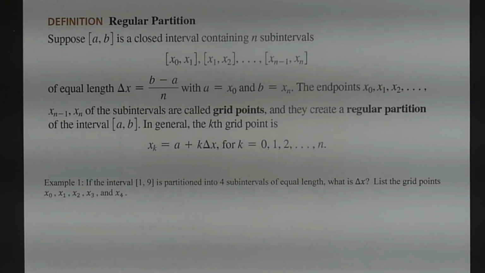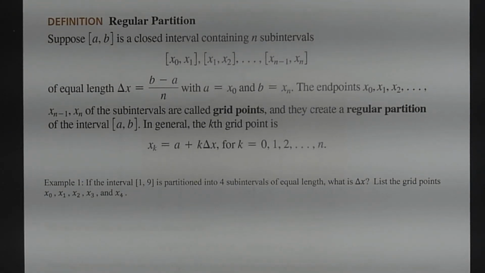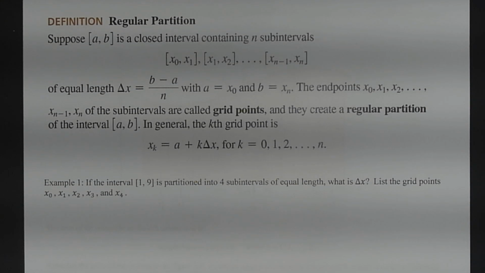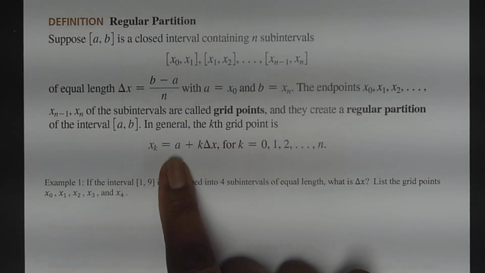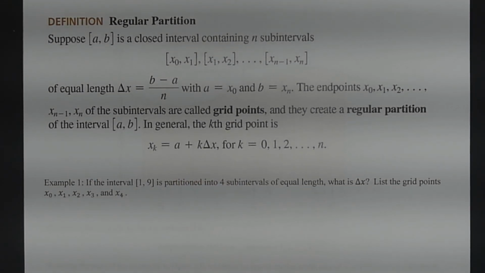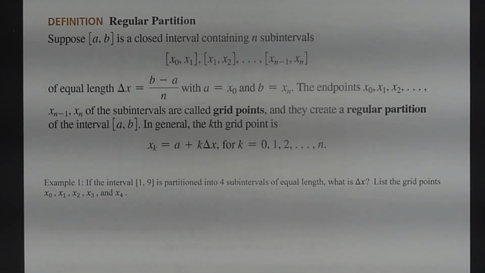Those are called grid points, and they create a regular partition of the interval a, b. In general, the kth grid point is x sub k equals a plus k times delta x, for k equal to 0, 1, 2, all the way up to n.